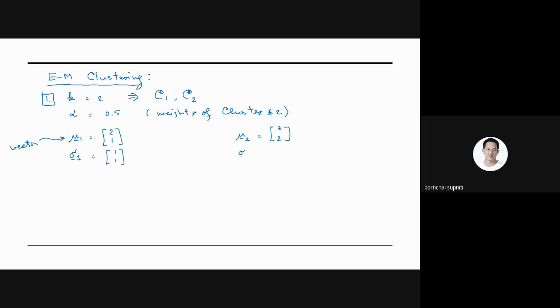For sigma, because at this point we don't know what it should be, we put 1, 1. So this is similar to the centroids that you saw earlier. In fact, this is similar to C1, and this is similar to C2, as in the previous example.